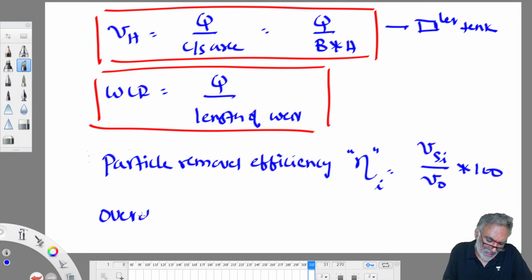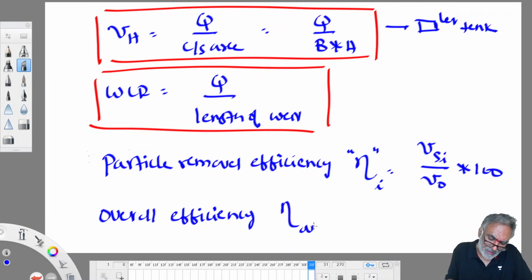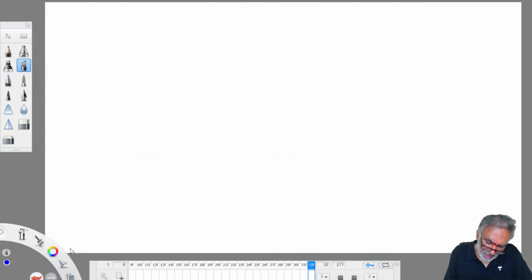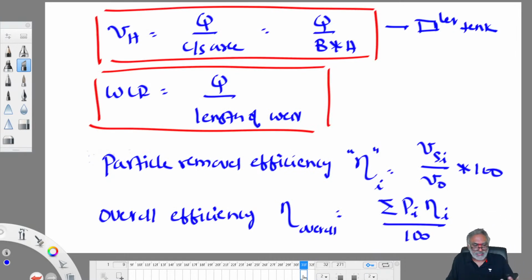Overall particle removal efficiency. Efficiency overall means so many particles are present, therefore percentage of each particle present and their respective efficiencies by 100. It will give the overall efficiency. You can also work out this particle removal efficiency in terms of concentration. Concentrations are given also, you can work out. Getting it or not?